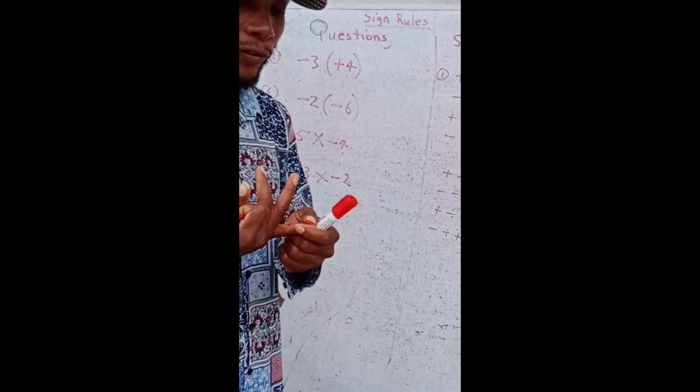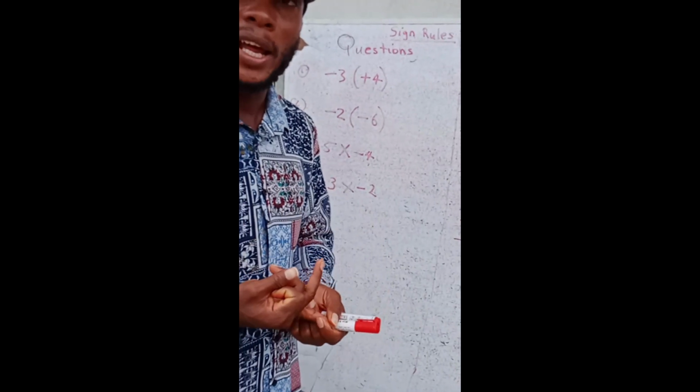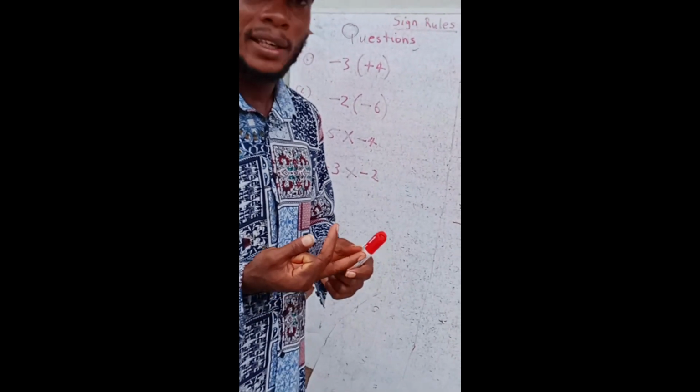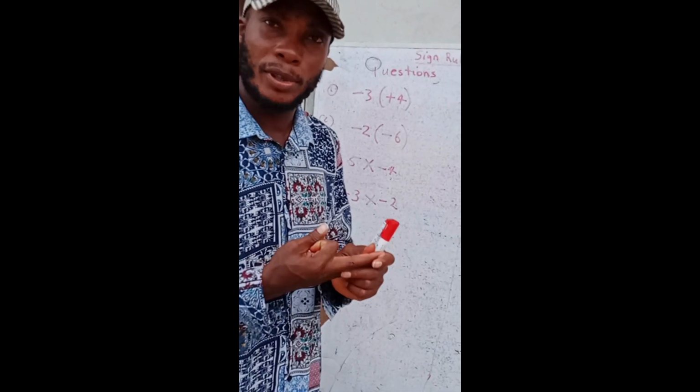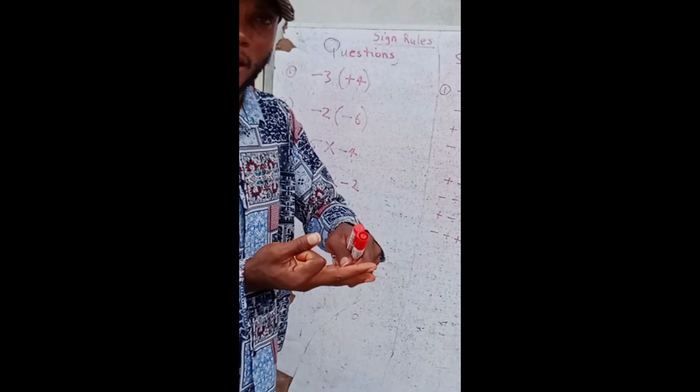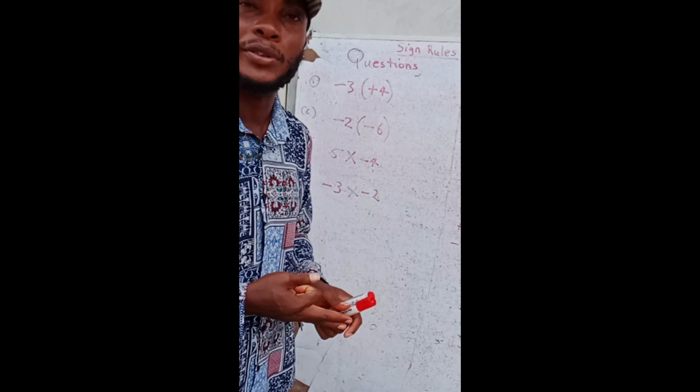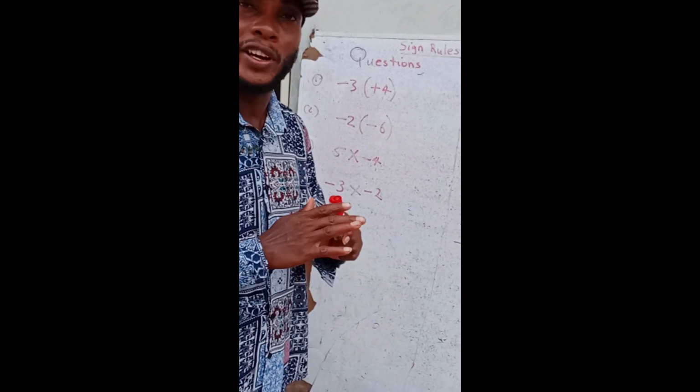You always first multiply the signs, then the numbers, and if there is an alphabet, you multiply alphabets together. So sign to sign, number to number, alphabet to alphabet. That is how you multiply.